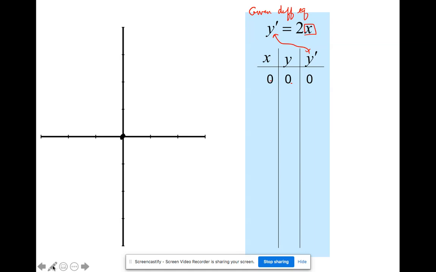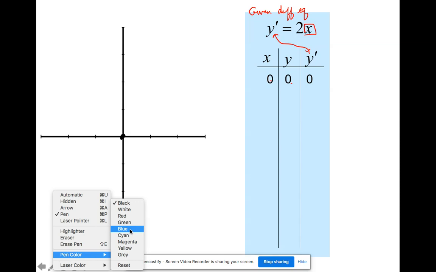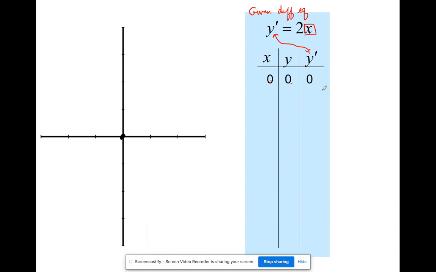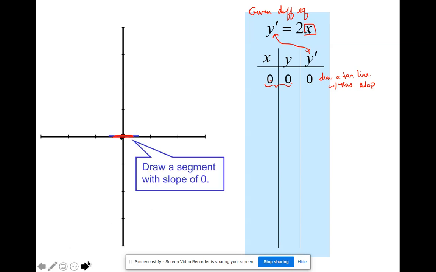The point at 0, 0, and what I want you to do at 0, 0 is draw me a tangent line with this slope. So at the point 0, 0, draw a short little linearization.